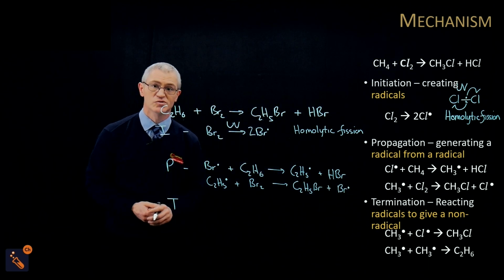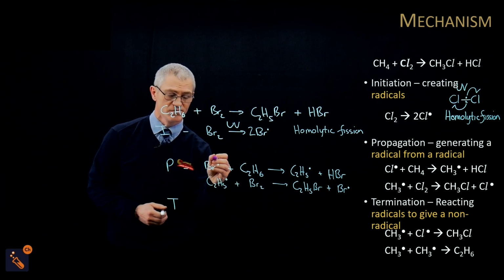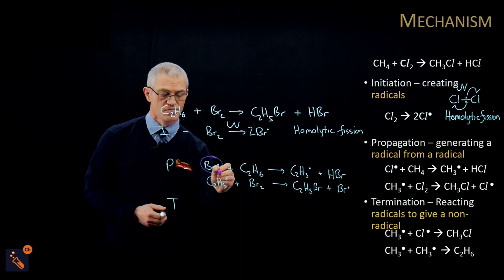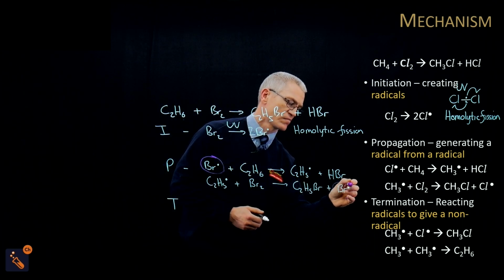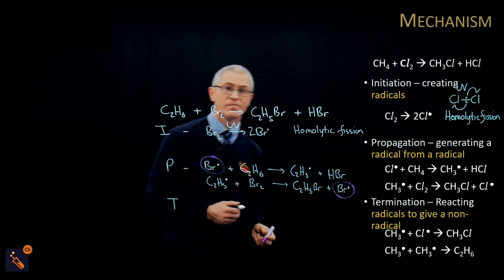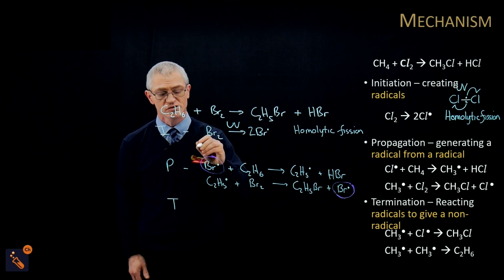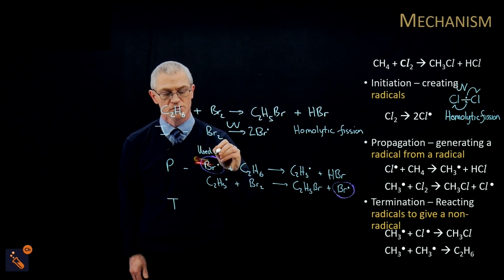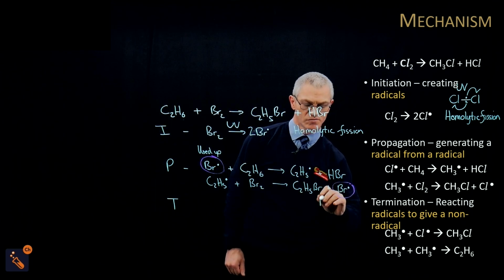So really, really important when we're looking at this. Here, if I highlight it, there's my Br. And there's my Br. Okay, so what I've done is I have used up, and then I have, from this point, regenerated.